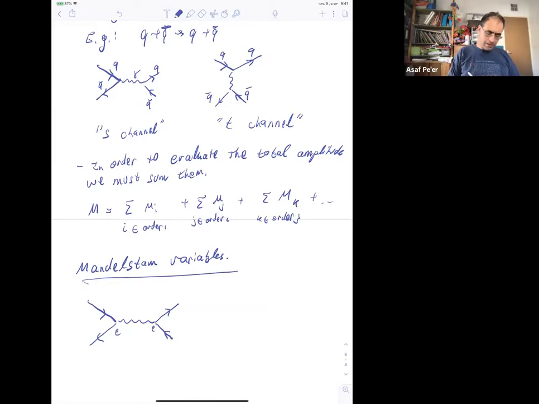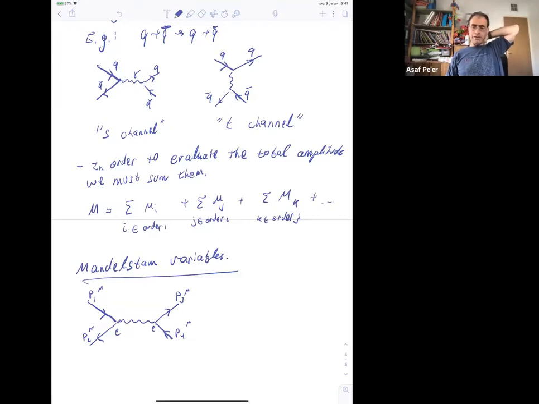The four momenta of the external legs are normally denoted with P. So that will be P1 mu, and this will be P2 mu. And then this will be P3 mu and P4 mu. And we said that for the internal lines, we have conservation of momentum in each vertex.